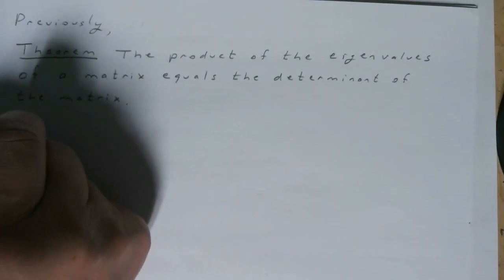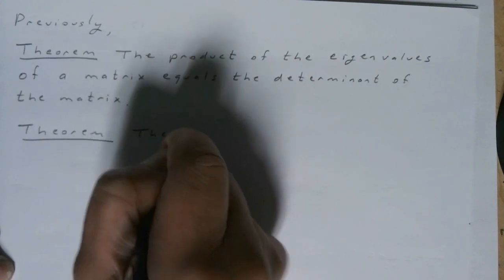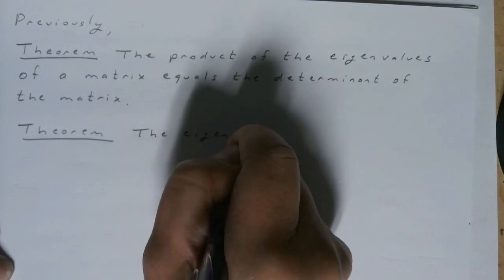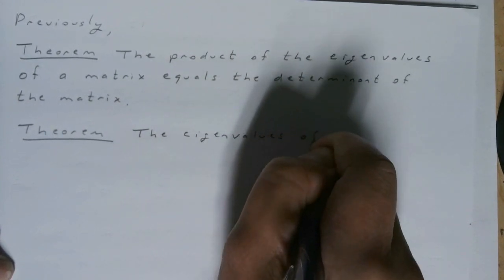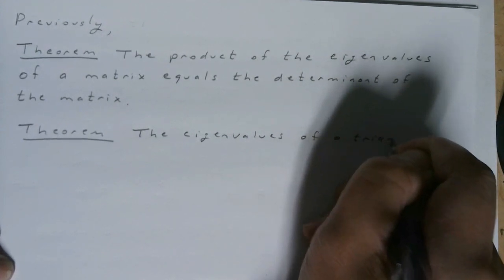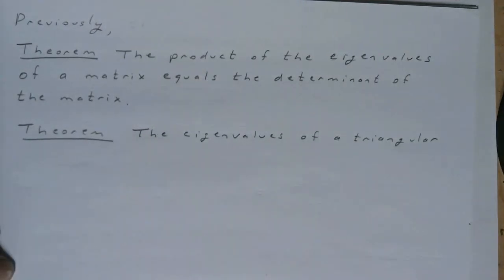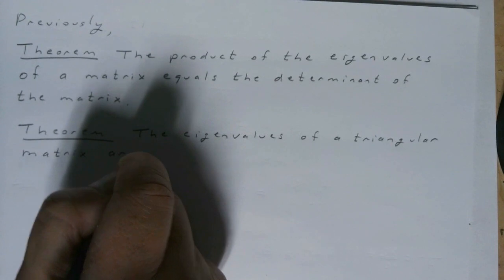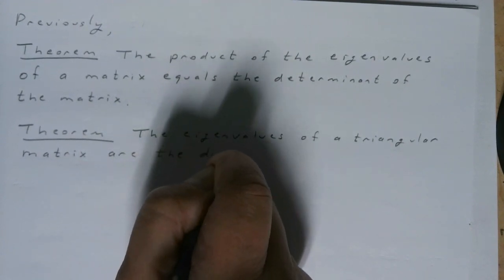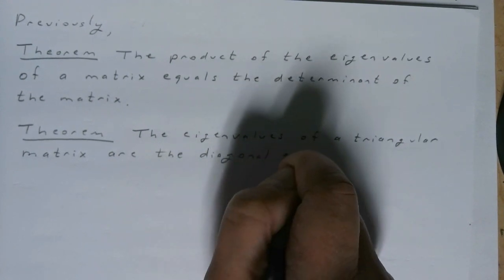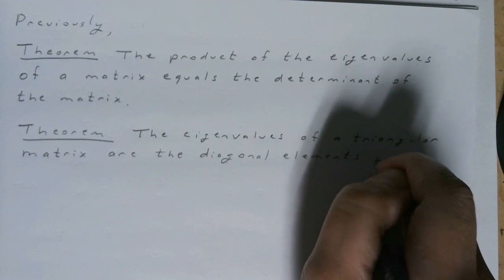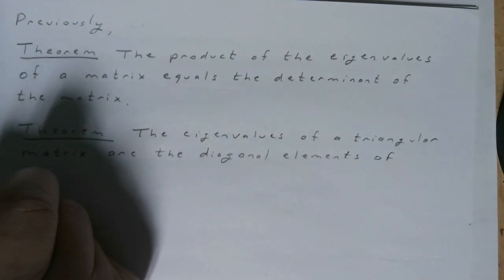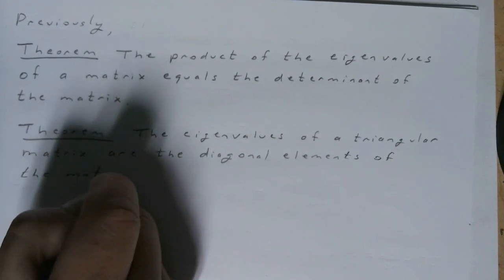And then we also had another theorem that said the eigenvalues of a triangular matrix are the diagonal elements of the matrix.